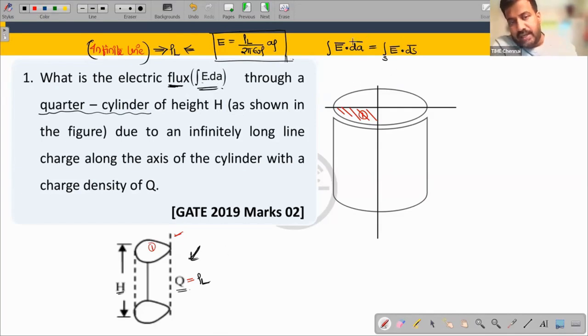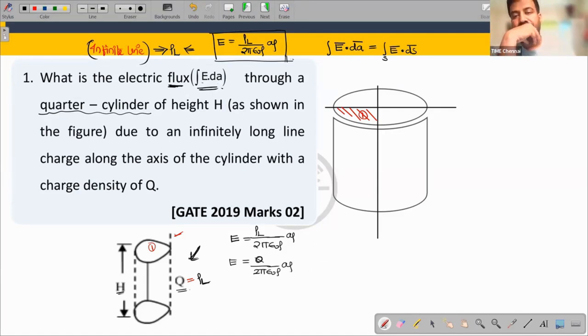So I want to find this integral E dot dA. For that, we will find E for an infinite line carrying line charge density rho L. E is rho L by 2 pi epsilon naught rho, along a rho. Given here rho L is Q. So here E is Q by 2 pi epsilon naught rho a rho.